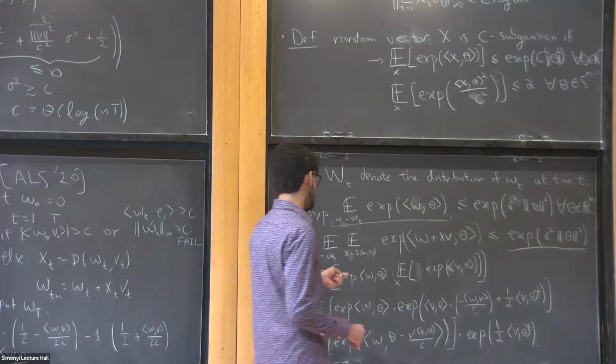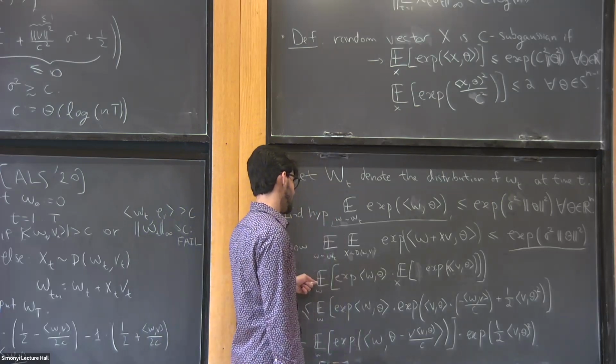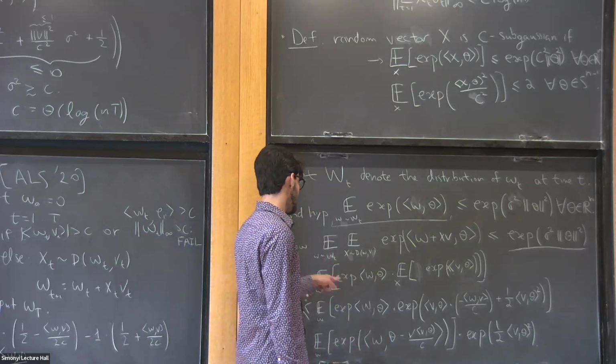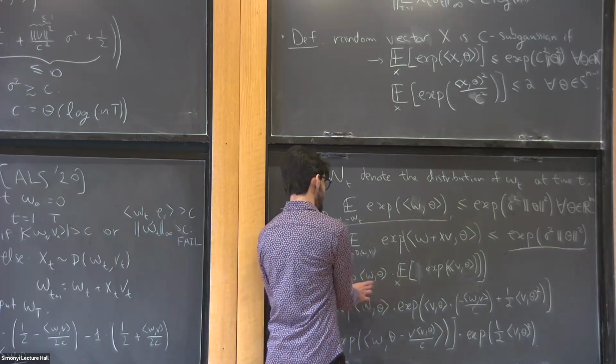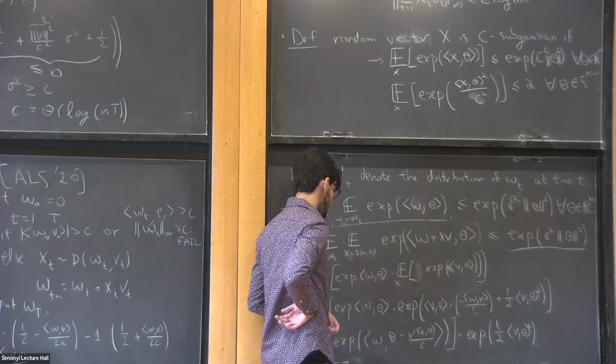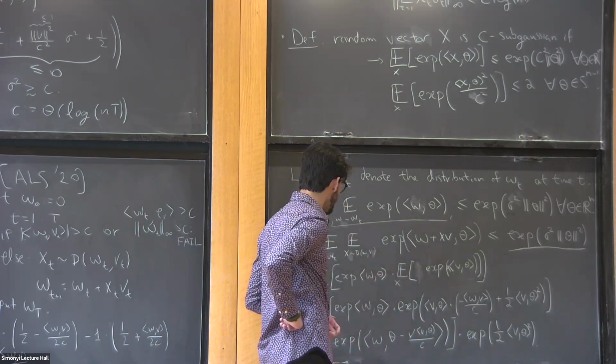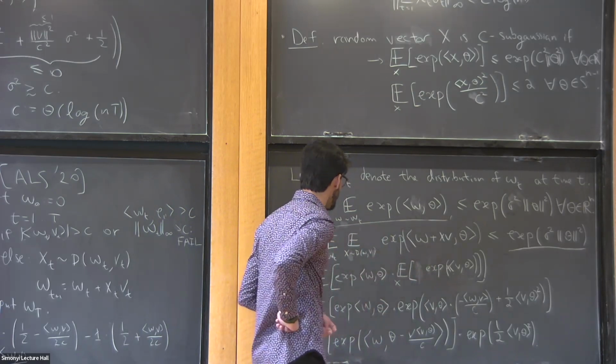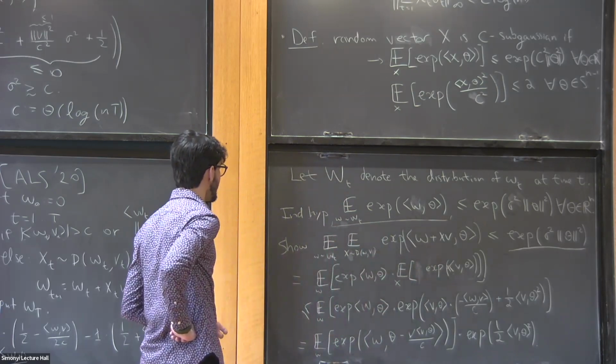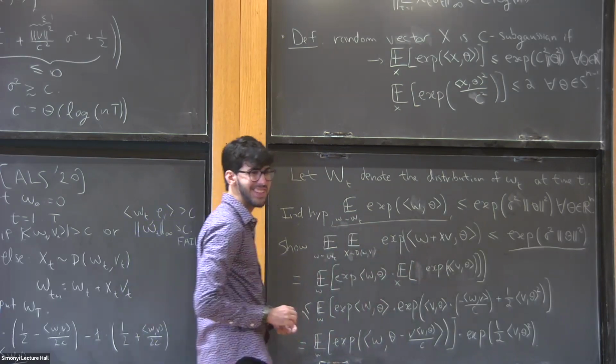Okay, so for example, this first step, here I pull off this exponential, right? Let me think, does that break if v can depend on w? I'm not sure exactly right now.